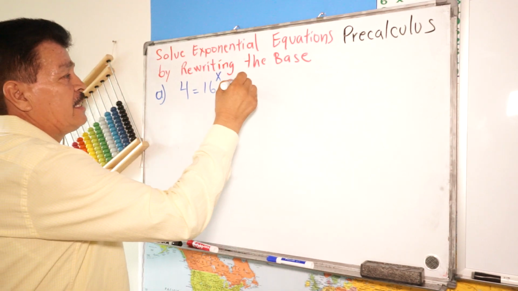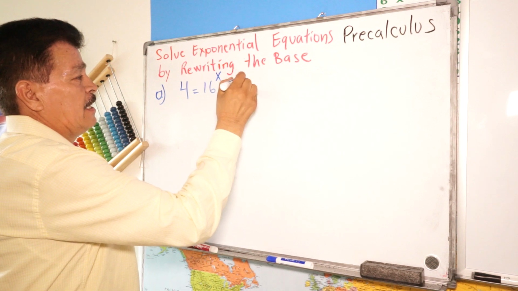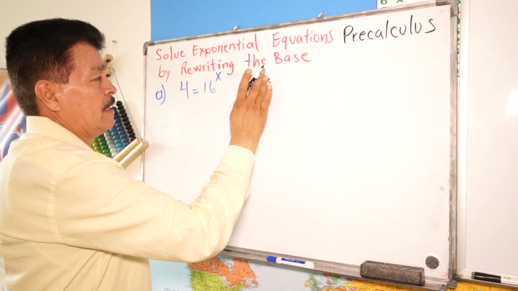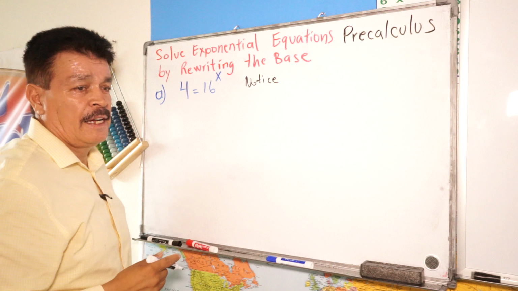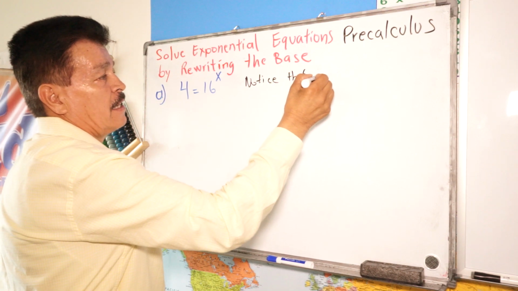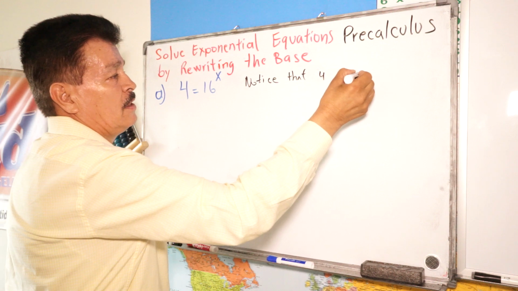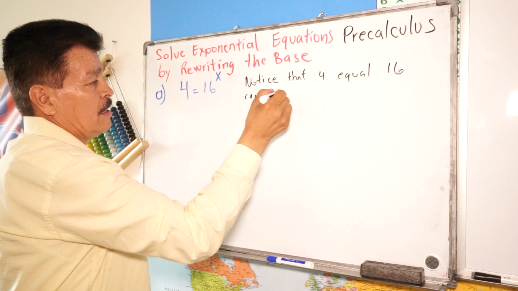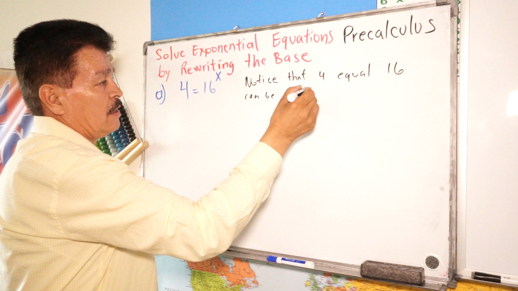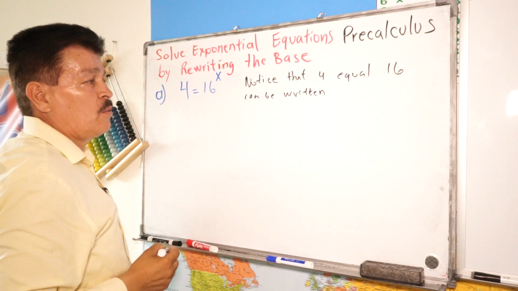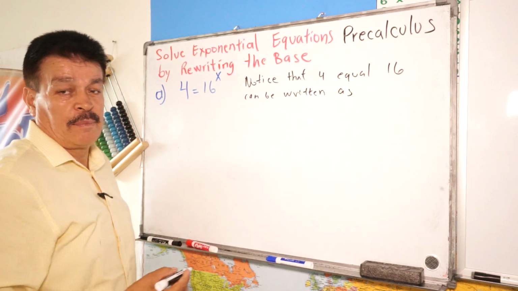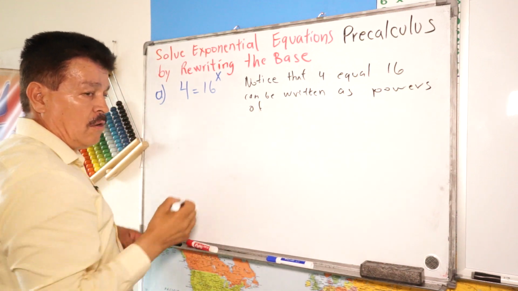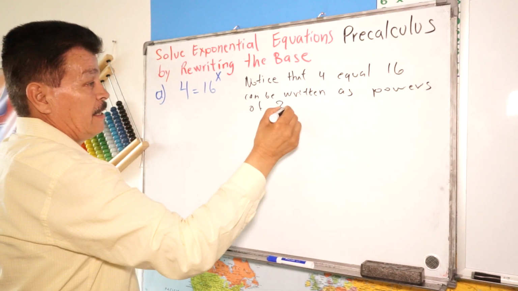Here, notice that 4 equals 2 squared and 16 can be written as a power of 2, right?